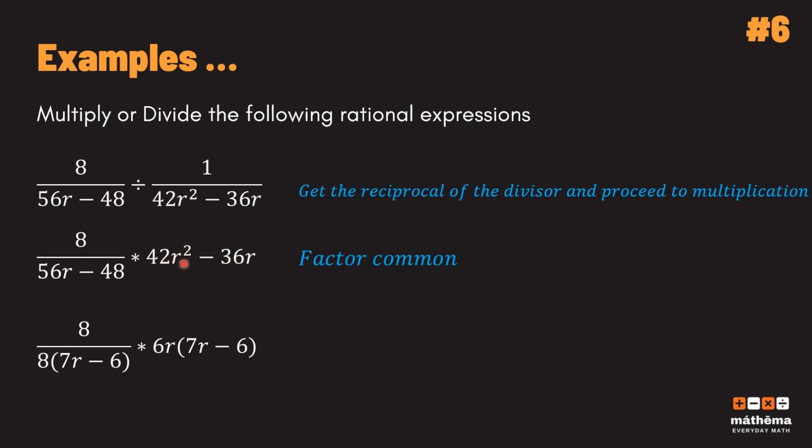We can actually factor out 6r, and then what will remain is 7r minus 6. And again, we have now common factors, and we also have 8 and 8. So what is actually left is 6r. And that will be our final answer.